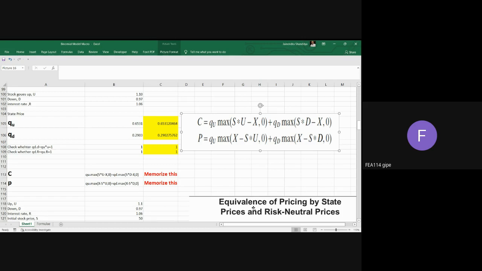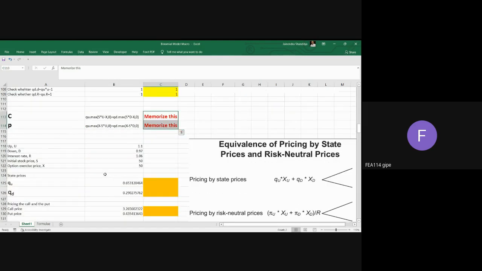We subtract from the exercise price the stock up movement, and then add QD with the maximum value of exercise price minus the stock in the downside, S into D. So this formula you need to memorize, and this QU and QD anyway you know how to do. I have written here that this is what you need to memorize. If you memorize this, then you are perfectly done for this.